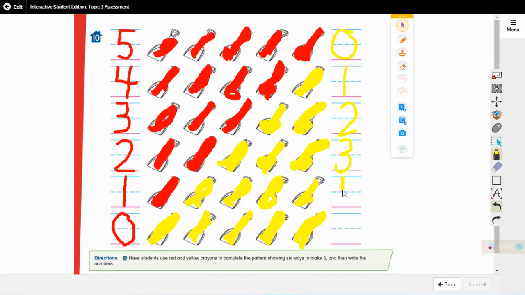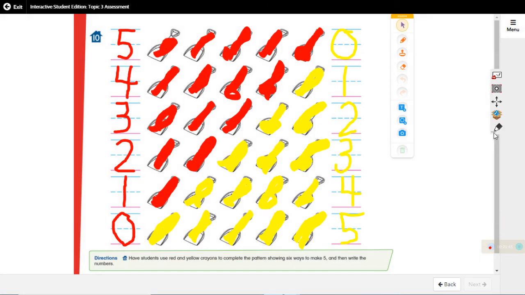Short line down, short line across, big line from the ceiling to the floor. That is how we make a 4. And how many shovels do we have down here that are yellow? 1, 2, 3, 4, 5. Short neck, belly fat. Number 5 wears a hat.